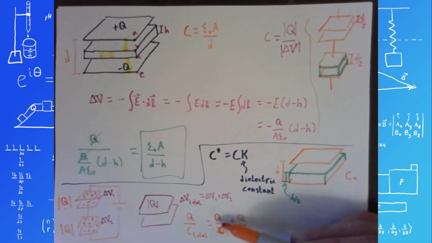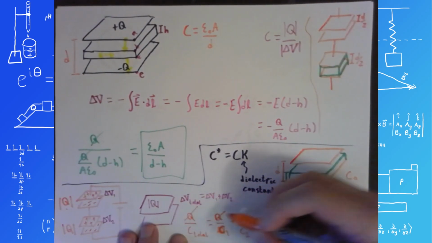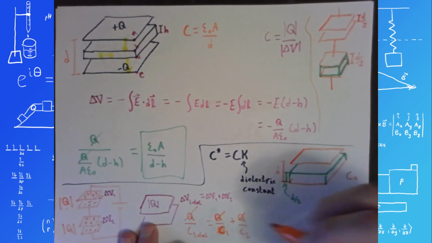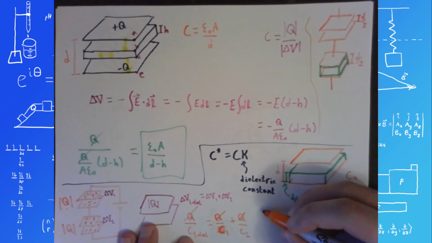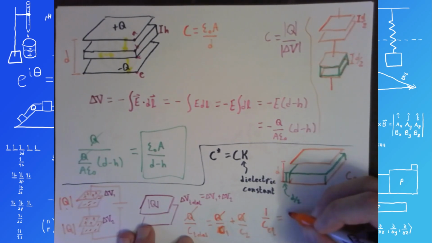But Q1 and Q2 are the same, so they're just Q, and those Q's cancel out, and we are left with the equation for combining capacitors in series. 1 over the total or equivalent capacitance, as it's usually called, is equal to 1 over the first capacitance plus 1 over the second.